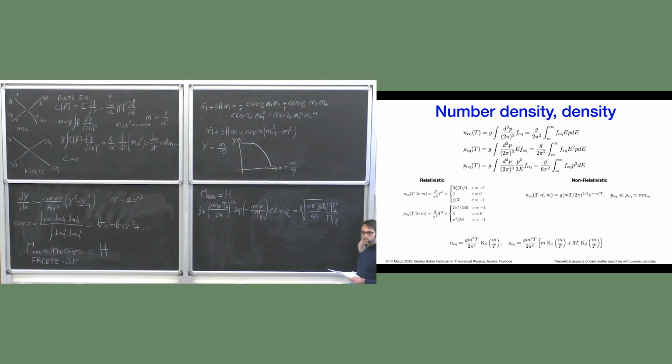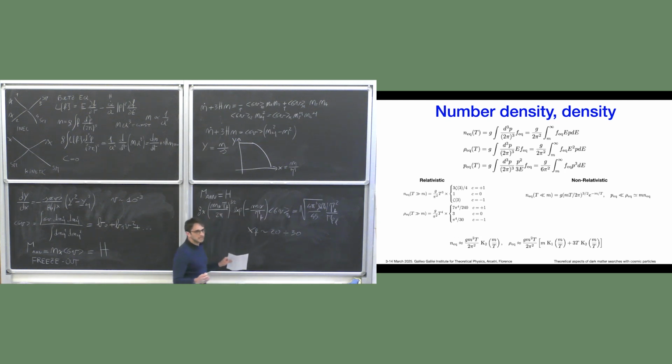Okay, so in order to find the freeze out temperature, we can solve this equation. I mean, it's not that easy. It's numerical, you can find it with a numerical solver. And basically the solution for the standard WIMP dark matter is that x_F is around 20 to 30.